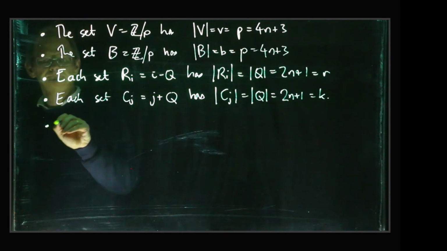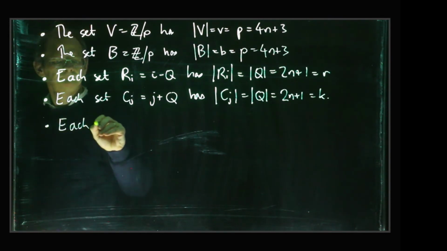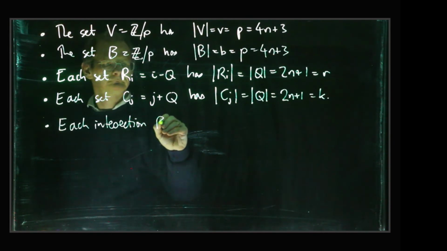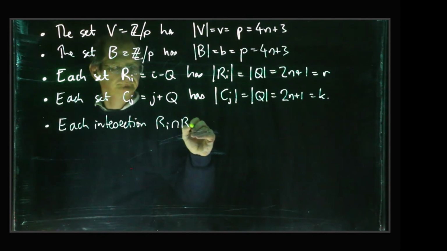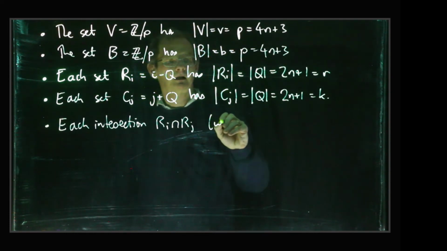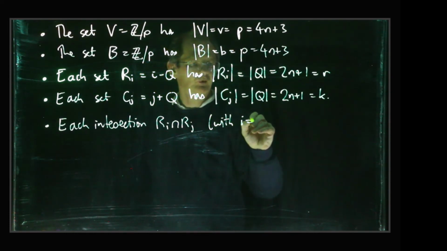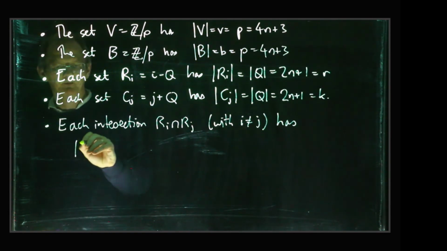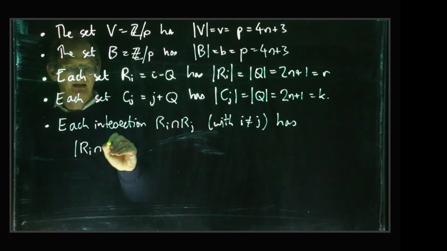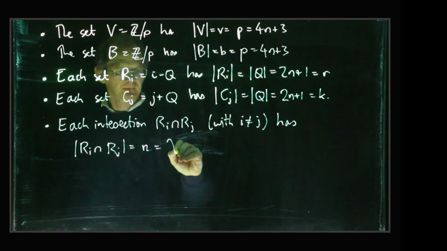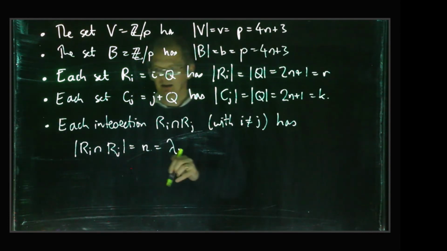And then we said that each intersection R_i intersect R_j, with i different from j of course, we showed that the size of that is n, and so that's going to be our lambda.